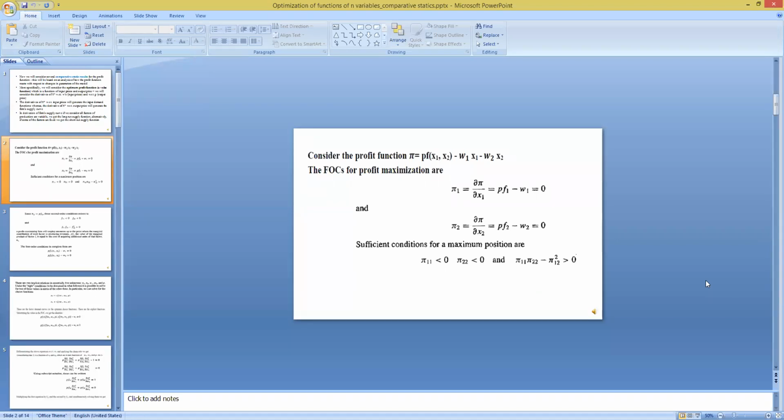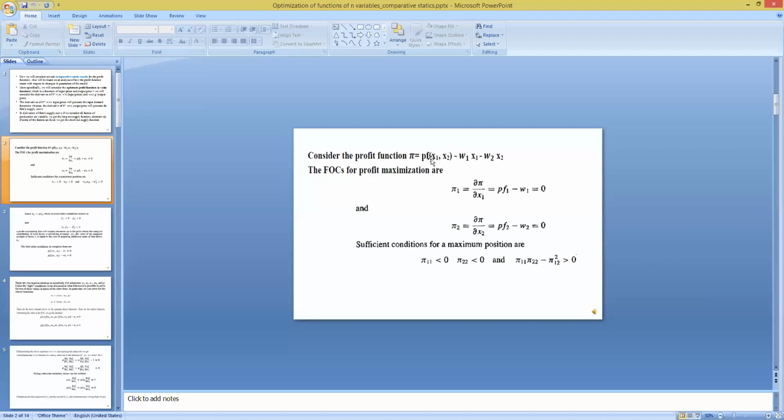Now here, the profit function we are considering in terms of the inputs, say L and K. L is equivalent to X1 here, K is equivalent to X2 here. Now the profit function is basically revenue minus the cost. Revenue is price into quantity.